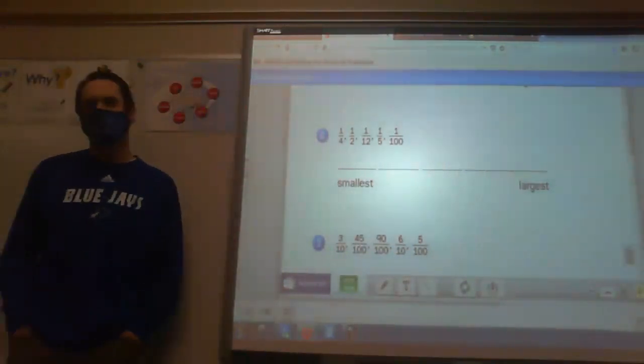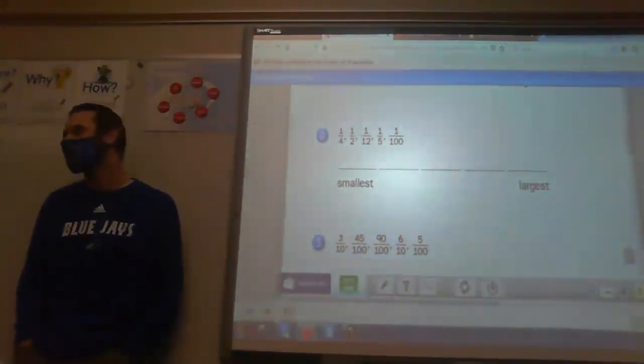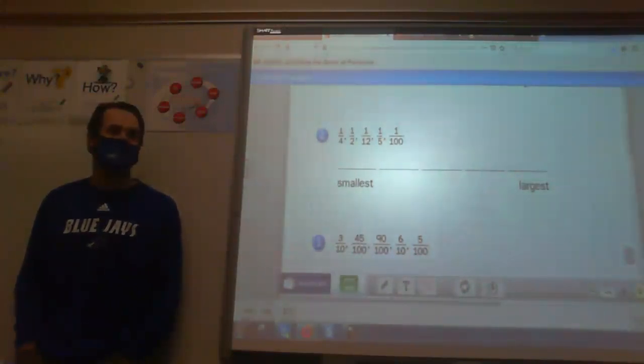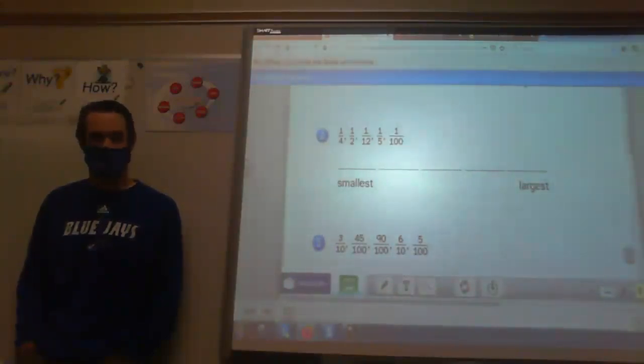Can you say that loud so it picks up on the computer audio? The bigger the denominator, the smaller the pieces.